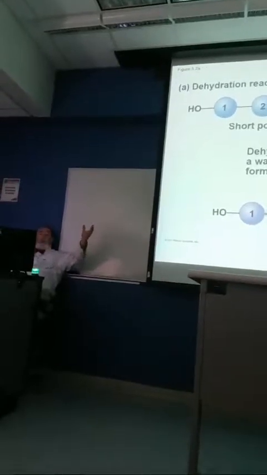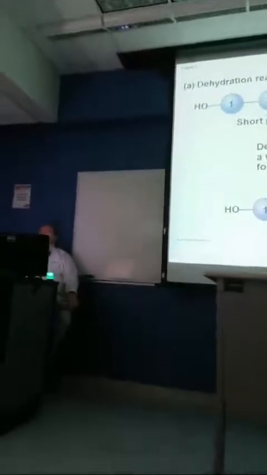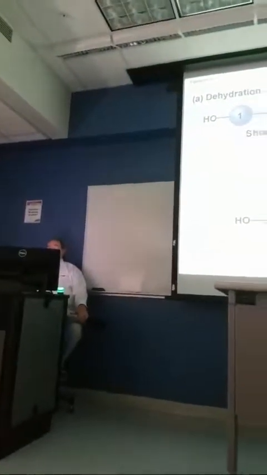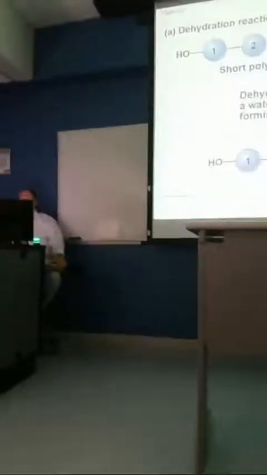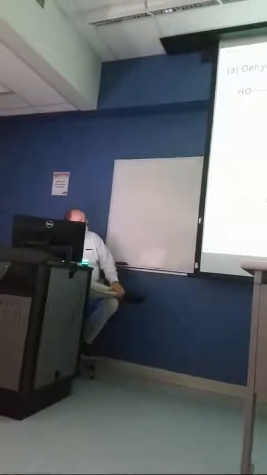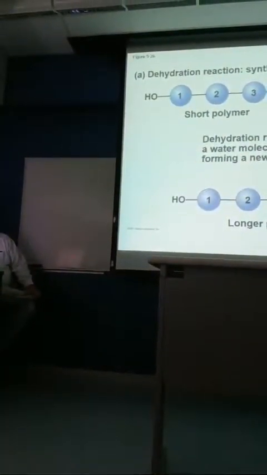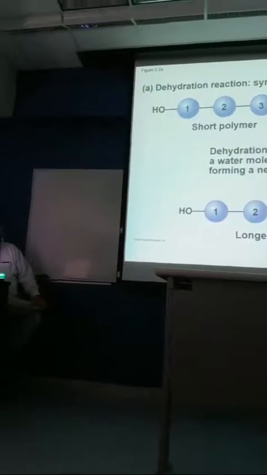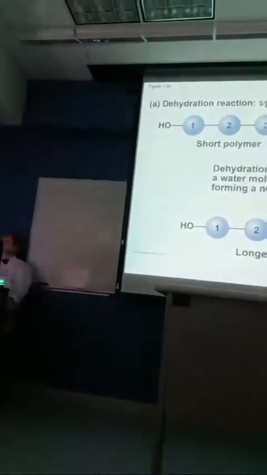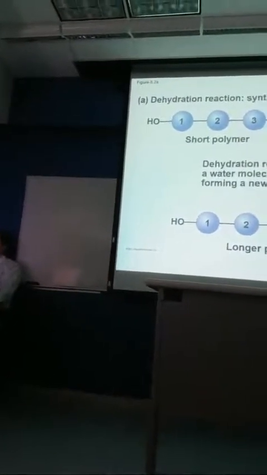And it has to remove a water molecule so that these ends up here will be exposed, so the other monomer can then attach to it. To expose that, this has to lose the hydroxide on that end, this has to lose the hydrogen, that makes a water molecule. Now the ends are exposed and the bonding can take place and the polymer can grow.